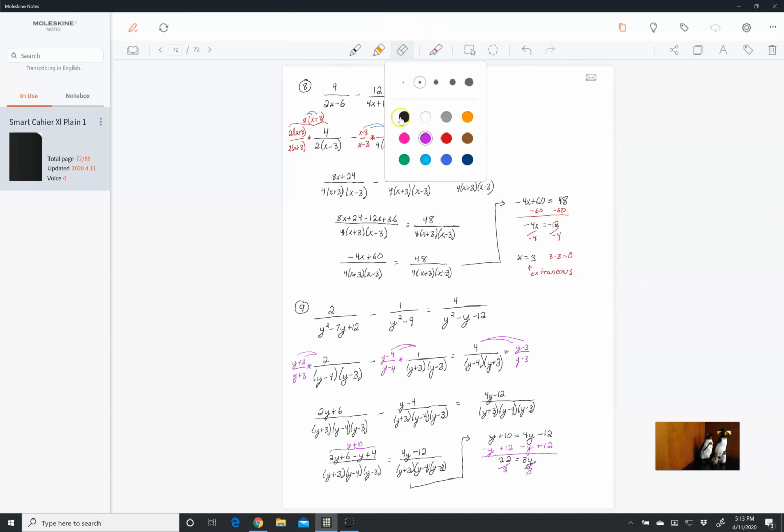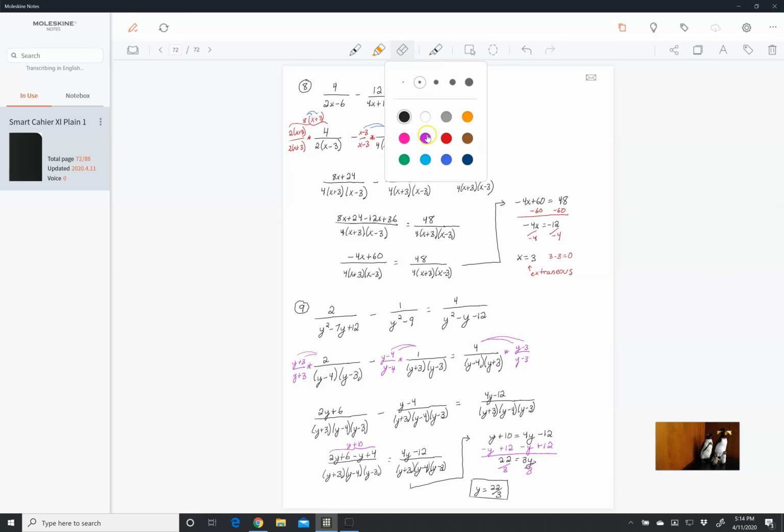So we get that y is equal to 22 over 3. You do have to plug this in, okay? And I will show that to you, but I can tell you also that 22 over 3, it's not equal to 4, so it's not going to make this 0. It's not equal to 3, so it's not going to make this 0, and it's not equal to negative 3.